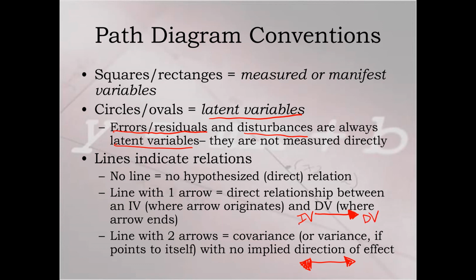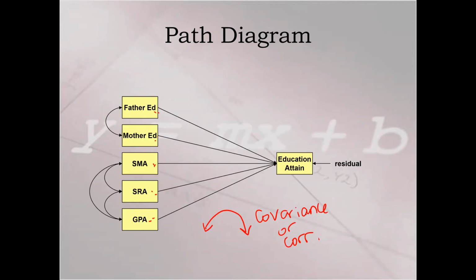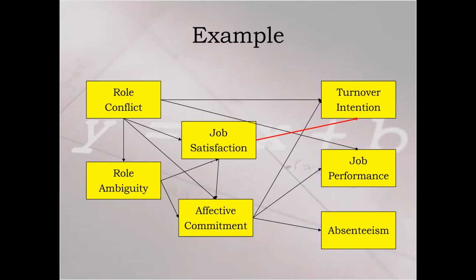I am purposely not calling this an exogenous variable, and that's because sometimes, I'm going to go backwards in my slides for just a moment to the beginning of class. Sometimes you have these variables in the middle that are both endogenous, they're being explained by other variables, and exogenous in the sense that they are then being used to explain other variables.